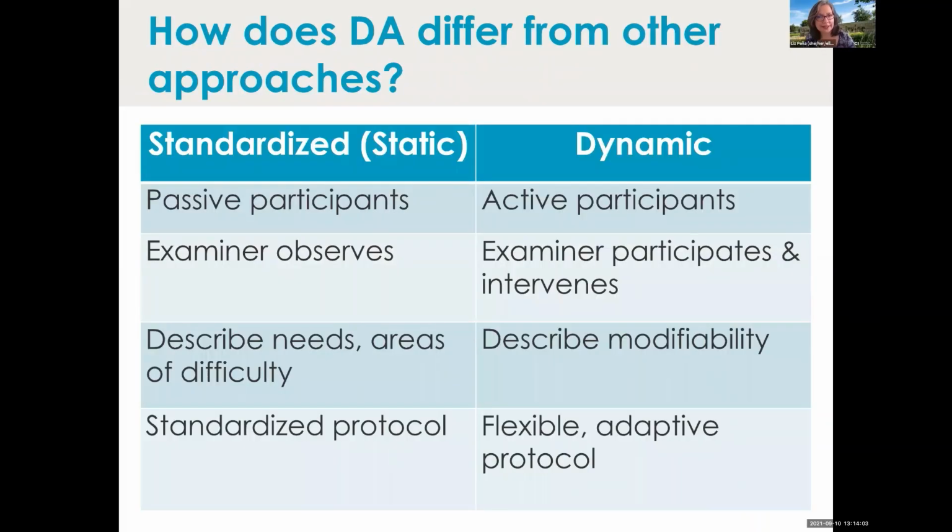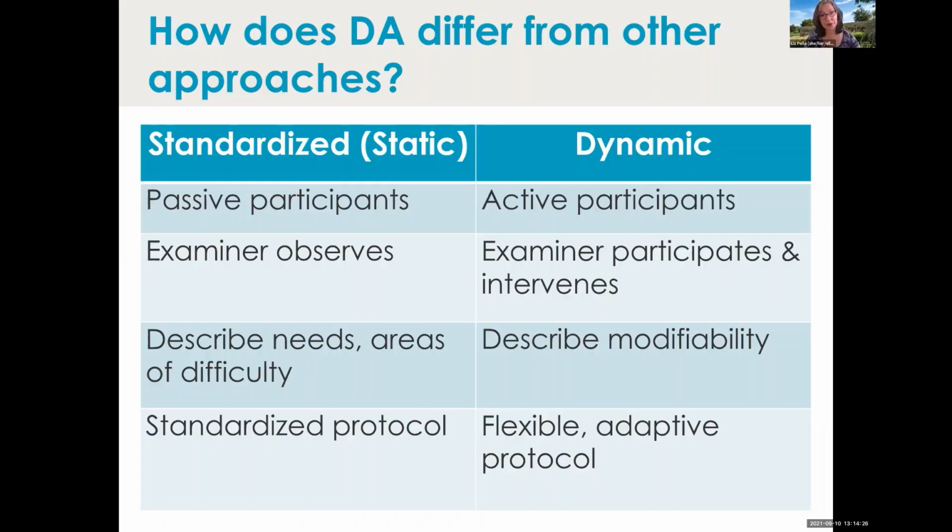So how do dynamic assessment approaches differ from other approaches? Well, here's a chart that shows a summary of some of these. So for standardized assessment or static assessment, participants are passive. So you go in, you test, and you're not supposed to interfere with the child's performance or with the child's answers. You're not supposed to cue them.